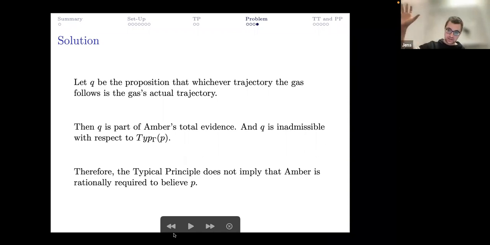But then conditionalizing on the conjunction of Q and the typicality fact, that most gases don't expand quickly, and it's typical that gases expand quickly, it seems to me I shouldn't believe that some gas in front of me is going to expand quickly. Rather, I should disregard the typicality fact and go with Q, which would be a counterexample. Or if Q is admissible, that would be a counterexample to the typicality principle.